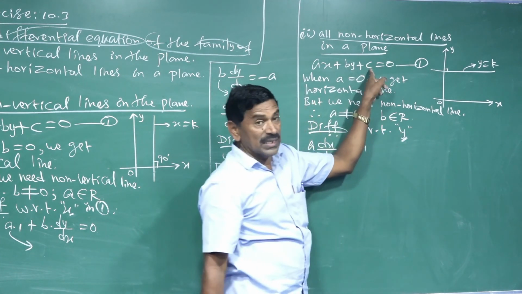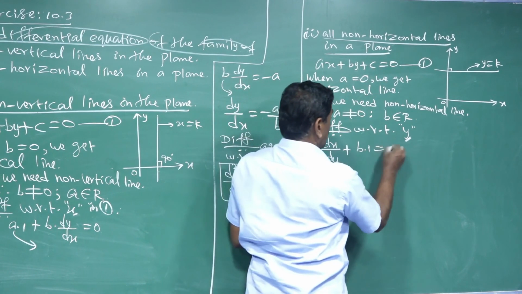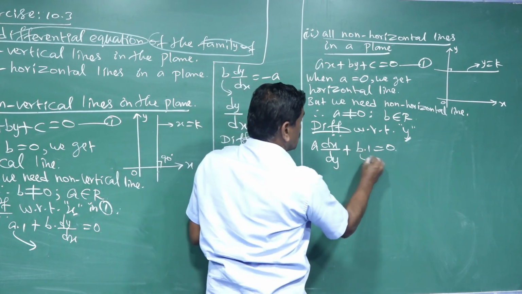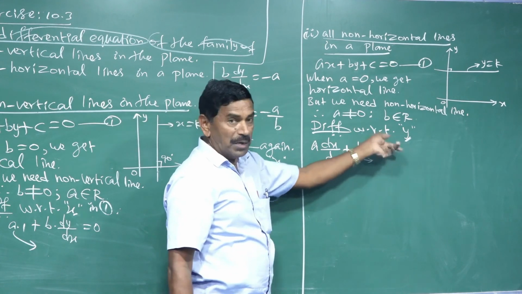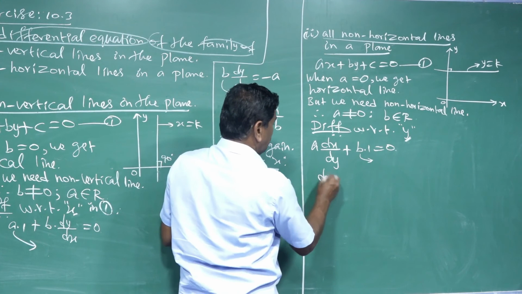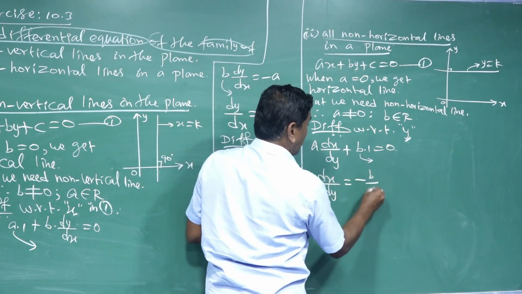And plus the constant c, whose differentiation is 0, which is equal to 0. Now simplify yourself. Plus b goes to the right as minus b, and then the multiple a goes to the right and becomes a divisor. Your answer is dx by dy is equal to minus b by a.